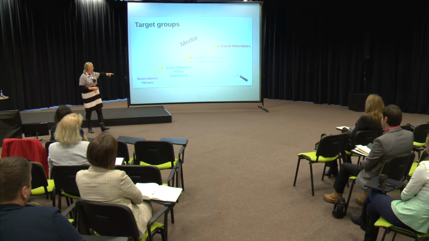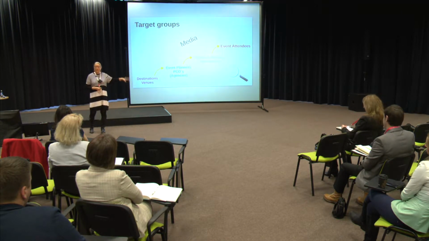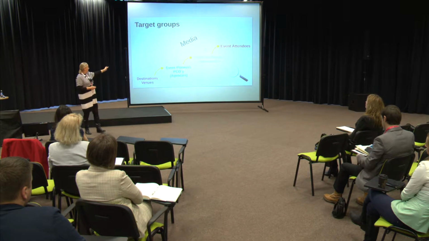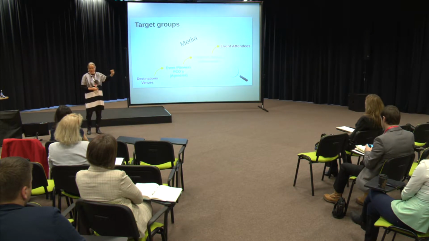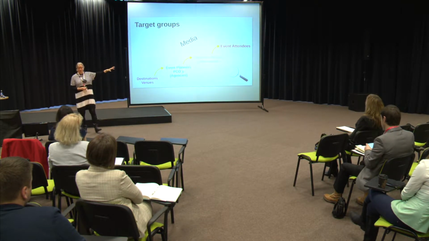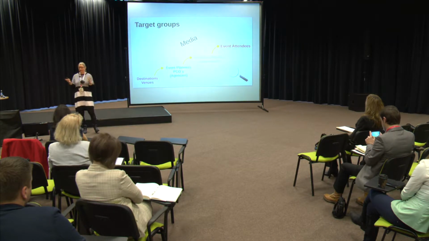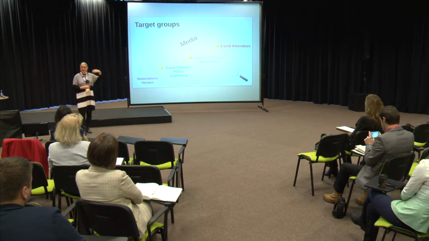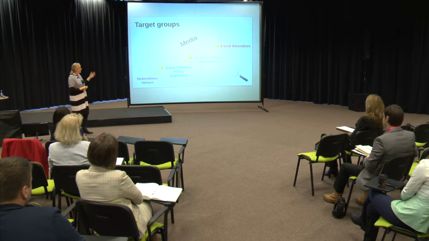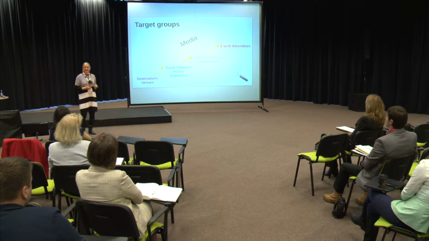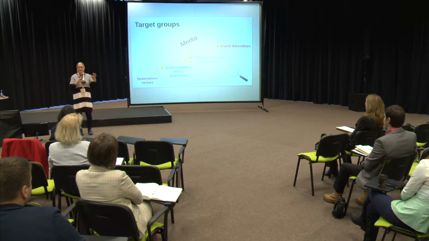Event planners are agencies, PCOs, all the intermediaries. They work for corporate planners, so they might use content as well to achieve business from their corporate clients. And the event attendees, the final consumers of a meeting or of a congress, and the corporate planners also need to attract the event attendees. So it's actually everybody is everybody's target group.